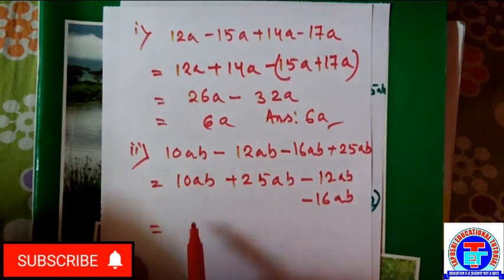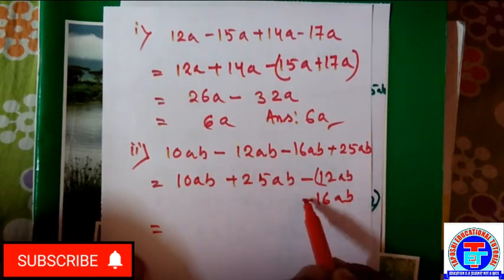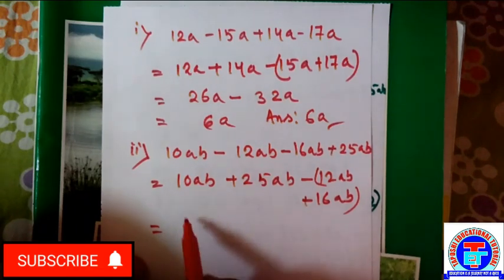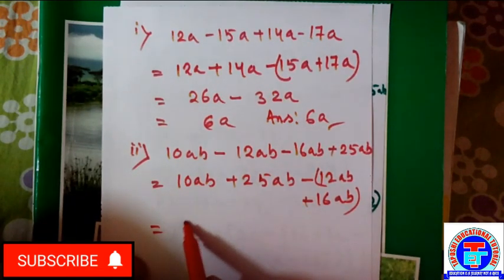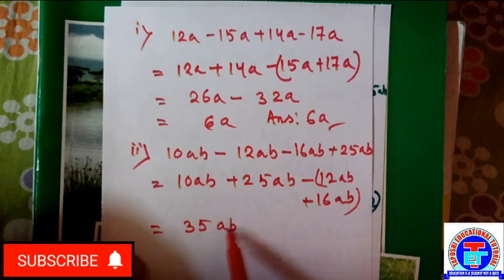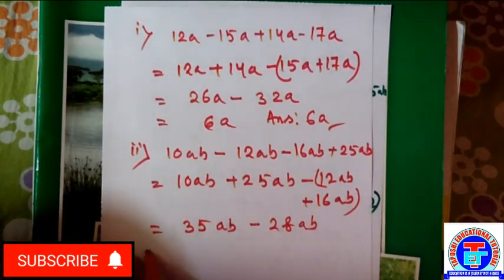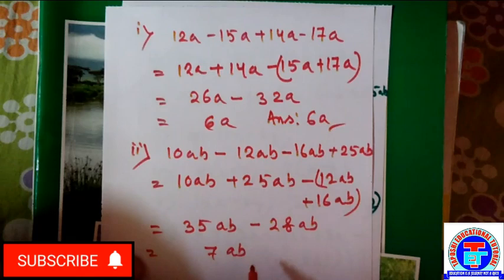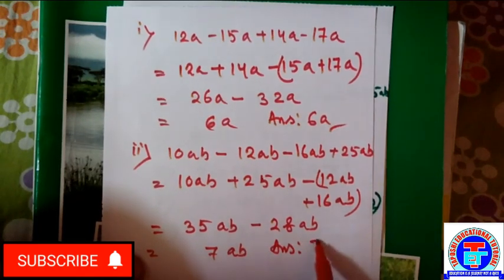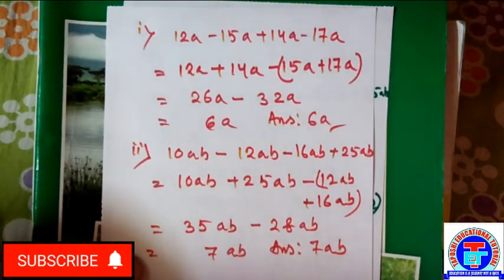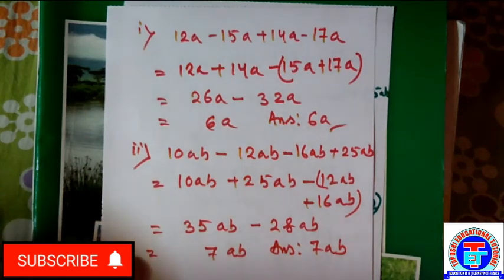Now we take a bracket, it became plus, so this is 35ab minus 28ab. Now this became 7ab. So the answer is 7ab. It is so easy to solve this simplification.